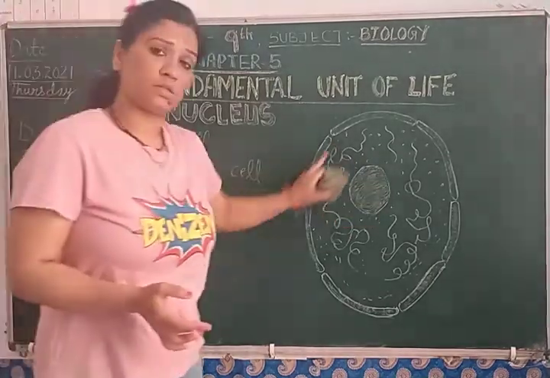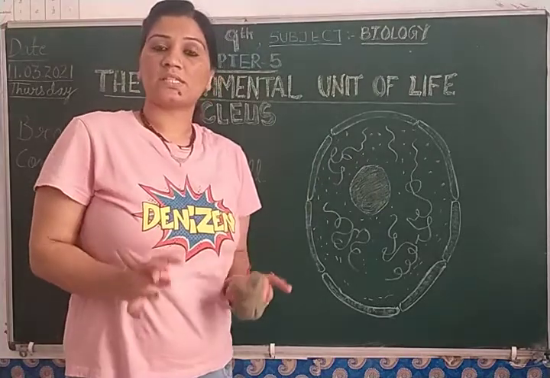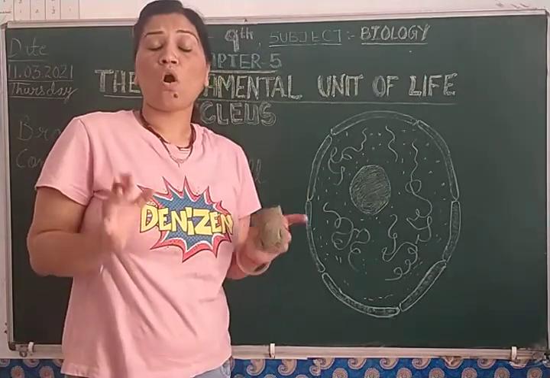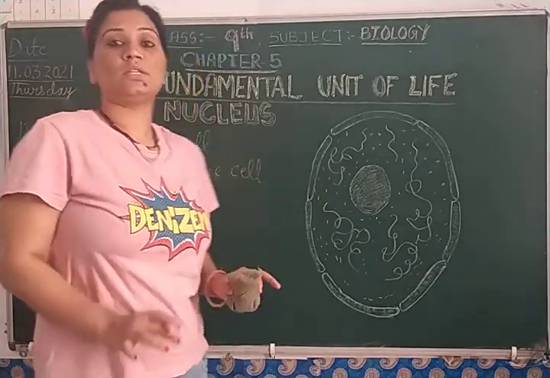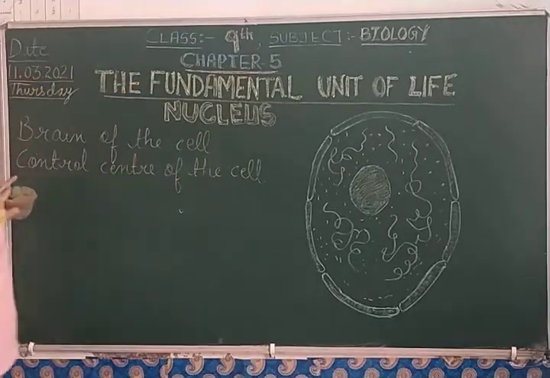Why do we say the nucleus is the brain and control center of the cell? Because the nucleus performs all the important activities of the cell.